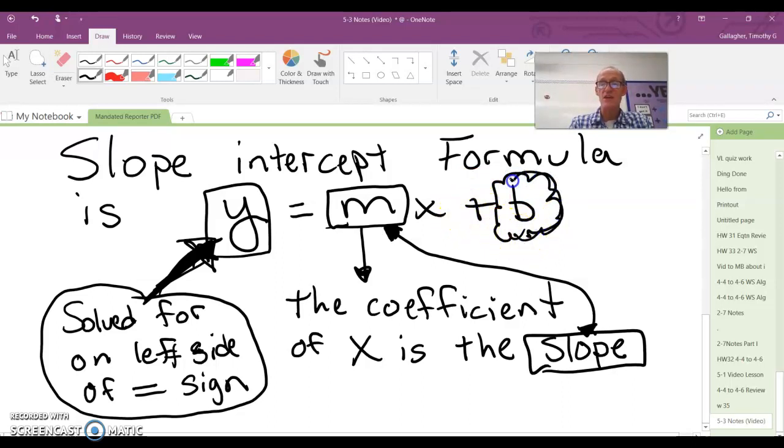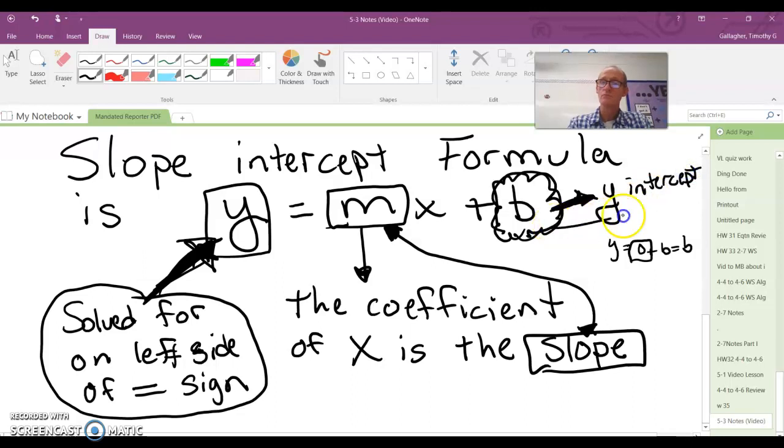This number b is when x is 0. So for example, if I have y equals 0 plus b, that's equal to b. So this number is called the y-intercept. That's when x equals 0.